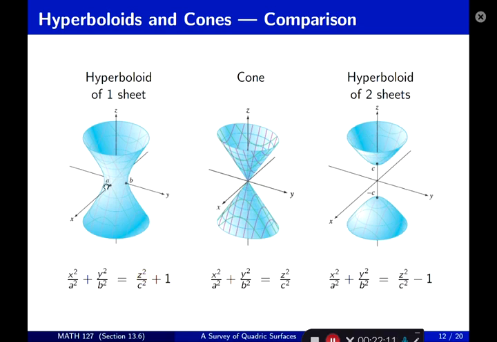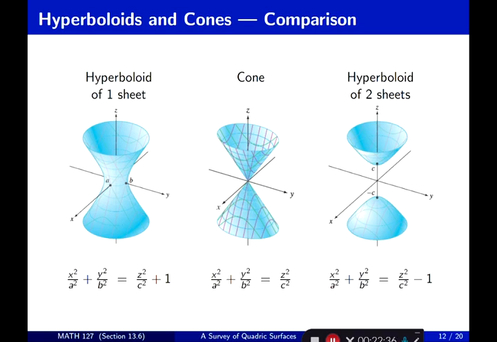So basically there's no gap in between. For this one, if I set z equal to 0, I get only 1 point, and so that's the cone. And then for this one, for a whole lot of values of z, I cannot get anything. That's why there is a gap between the 2 sheets, and it's a hyperboloid of 2 sheets.